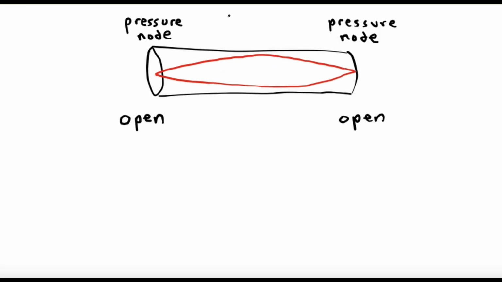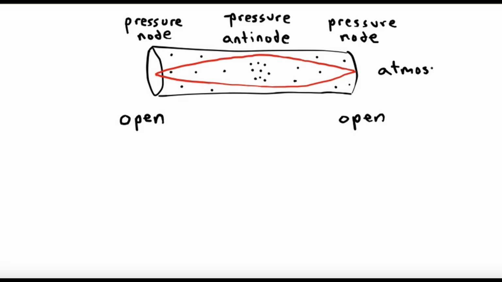You can have a pressure antinode in the middle. So what that means is the particles are allowed to compress here, but they have to be at atmospheric pressure on the ends because it's in contact with the atmosphere.